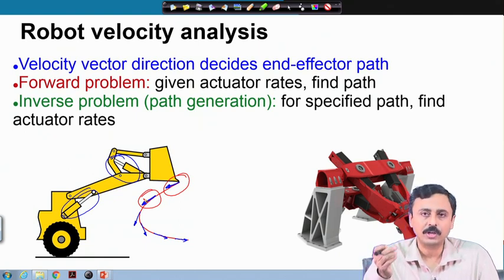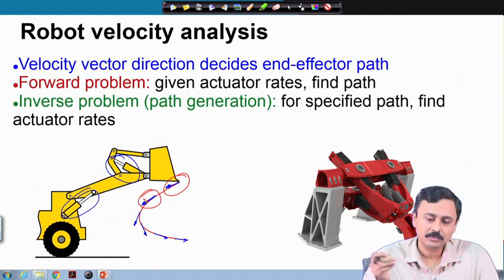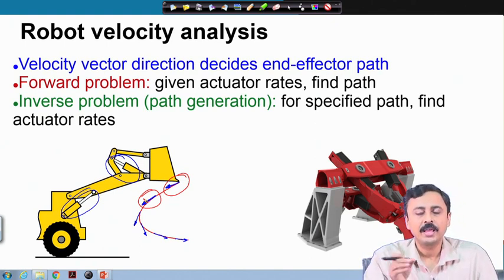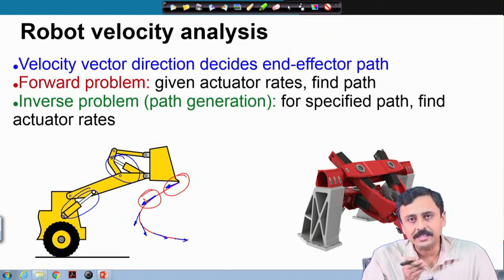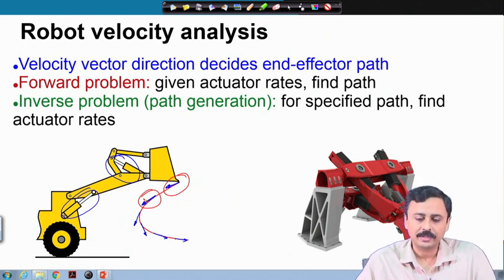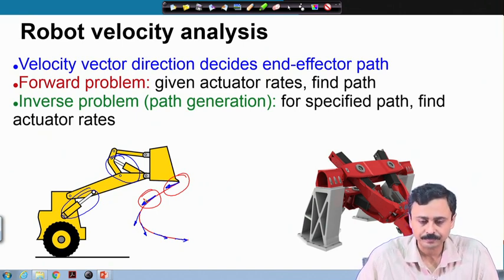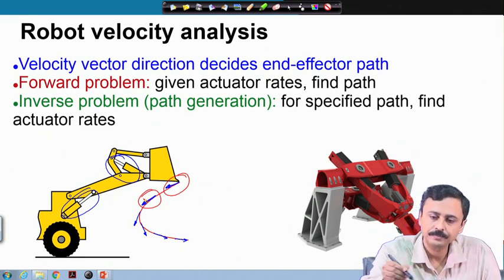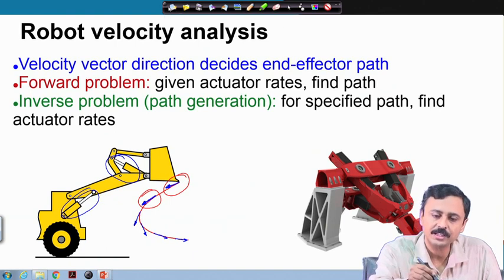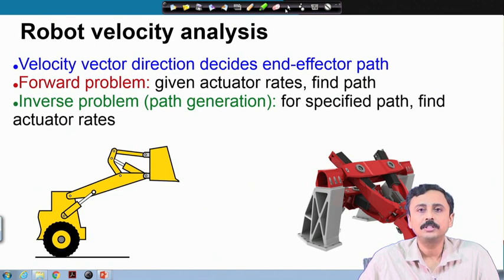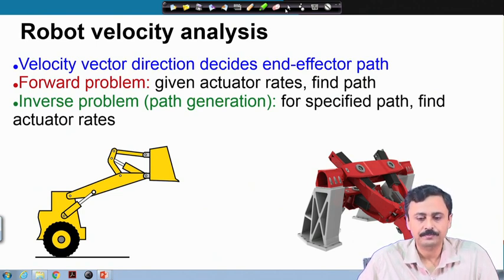If I know the velocity vector at a particular point, we know how the bin or the tip is going to move, and as I integrate that, we are going to get the path of motion of the tip. So, this velocity analysis problem for robots is important from the motion planning or path planning point of view as well.